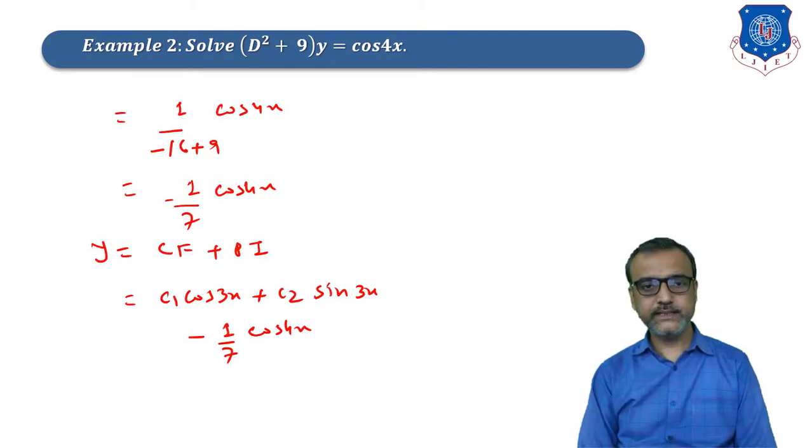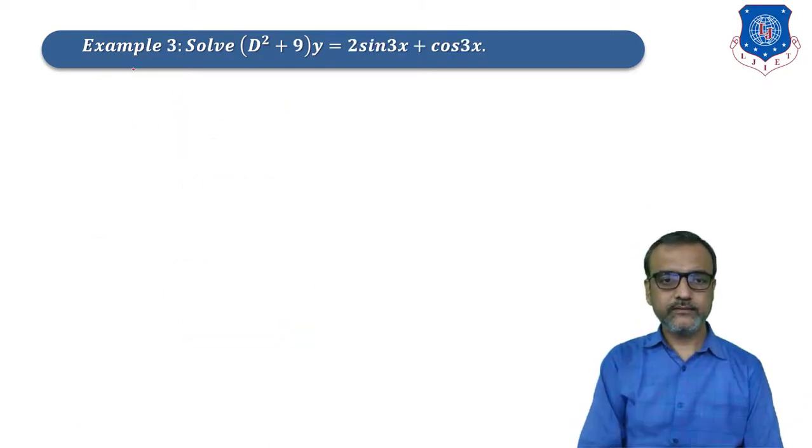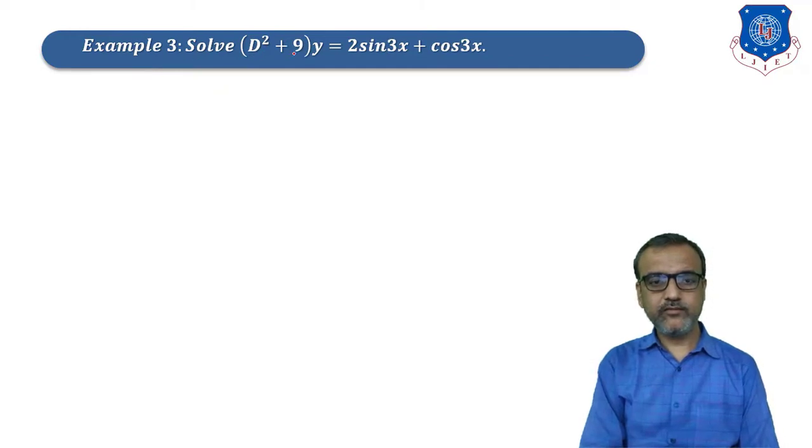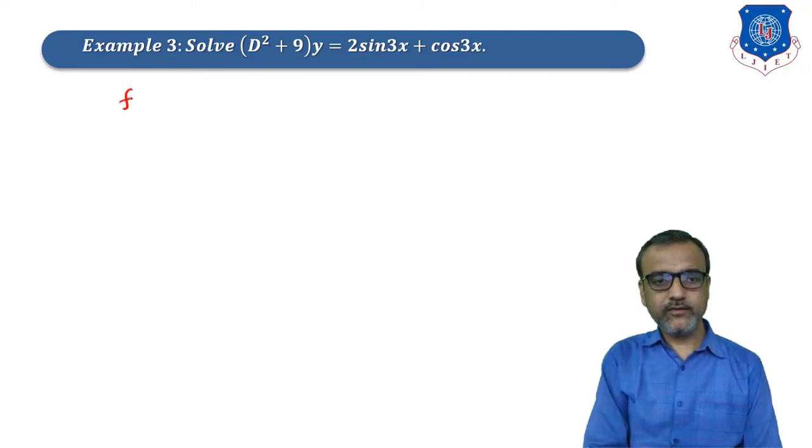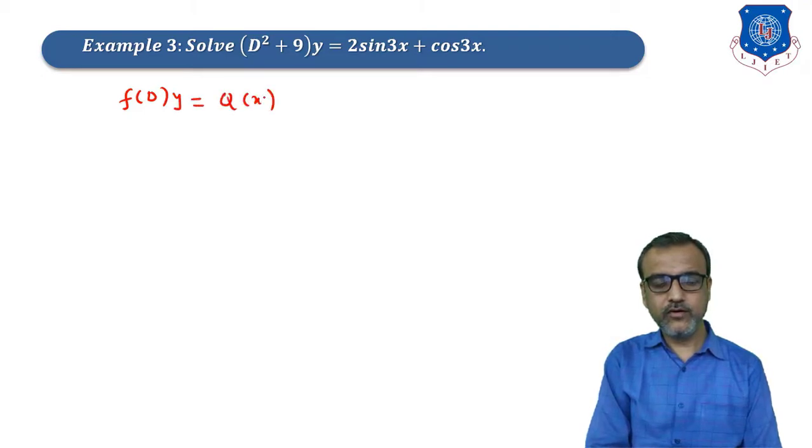Now we will see example number 3. Example 3 is solve D square plus 9 y equals 2 sin 3x plus cos 3x. Here the given differential equation is of the form f of D y equals Q of x.